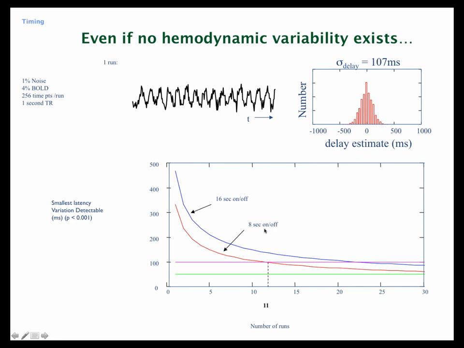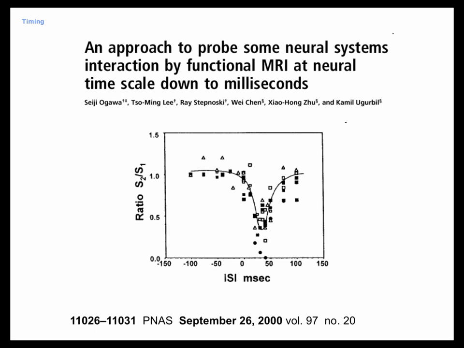If we had a more optimized paradigm, 8 seconds on and 8 seconds off, where it looks more like a sine wave, then it would take us about 11 runs to get down to 100 millisecond time differentiation. And this is purely due to the intrinsic signal to noise. So in an ideal world, that's our upper limit. To push to 100 millisecond resolution, it would take us 11 runs, even given that there are no hemodynamic effects smearing things.